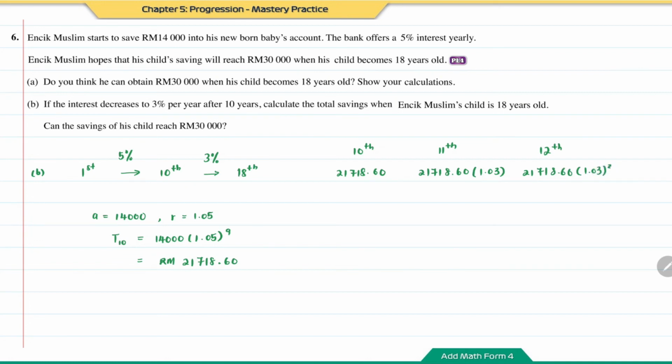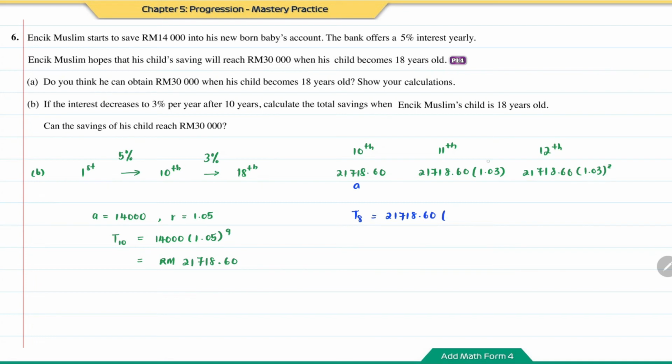Now, according to these patterns, to calculate the amount of money in the 18th year, here we're just going to use T8. So this will be the A, and the 18th year will be the last term, right? So T8, the A is 21,718.60.